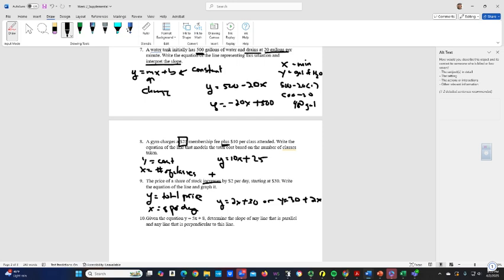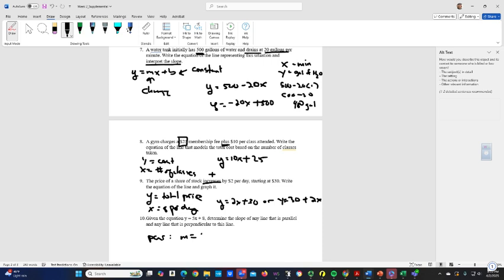Okay, so lastly, looking at number 10, given the equation Y equals 5X plus 8, determine the slope of any line that is parallel and any line that is perpendicular to this line. All right, well, we just said back up there at questions 5 and 6 that if lines are parallel, then the slopes are the same.